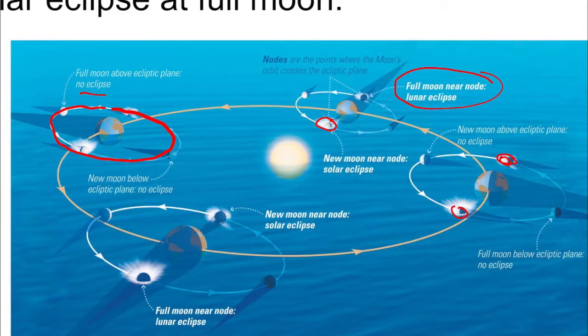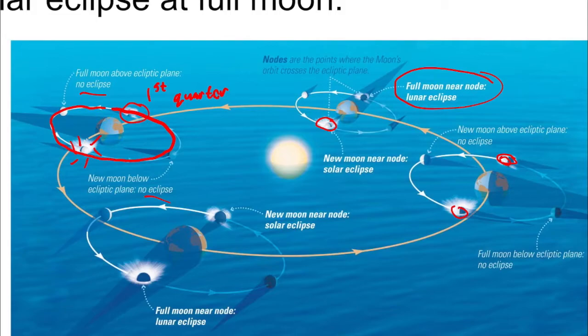Look what happened here. Look at this full phase of the moon. No eclipse, no eclipse. Because the moon right here passed up out of the ecliptic plane when it was in, let's think about it, a first quarter. And then it passed back down below the ecliptic plane right here at a third quarter.